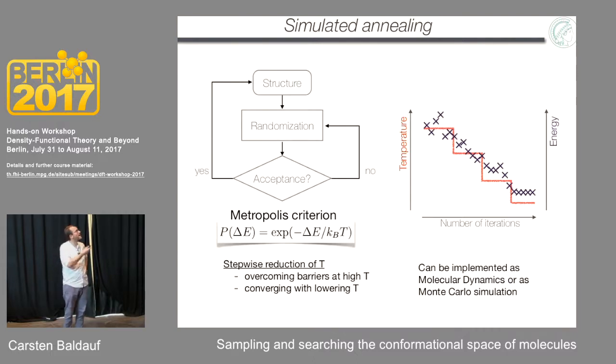And how high this acceptance is depends on the temperature: if we reduce temperature over the course of the Monte Carlo algorithm, we also decrease the acceptance of uphill steps. So at some point we force the system to converge.